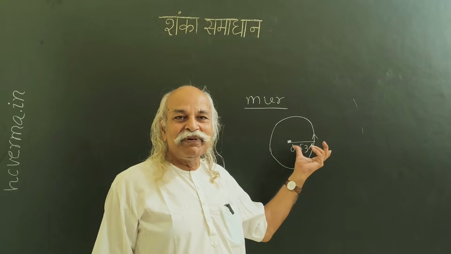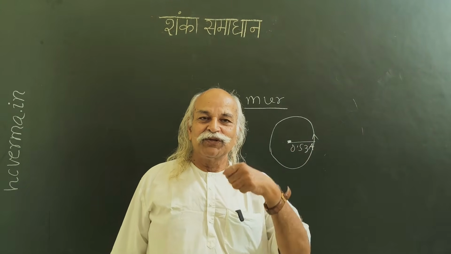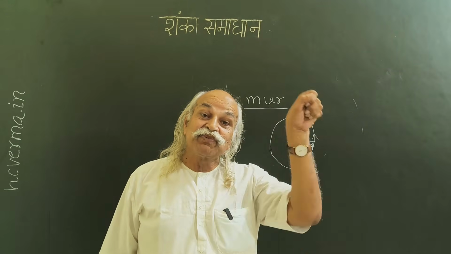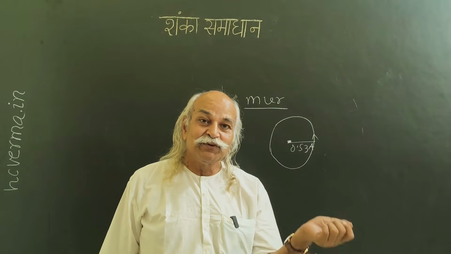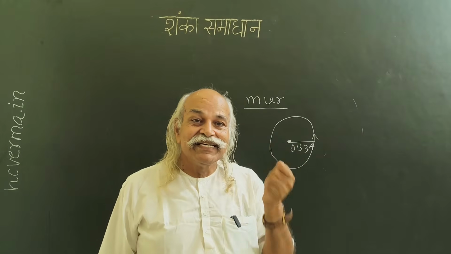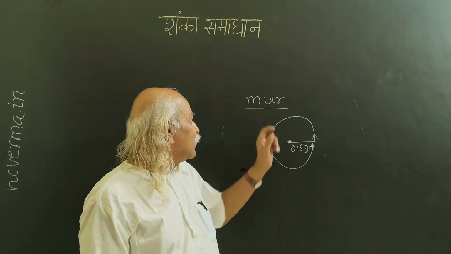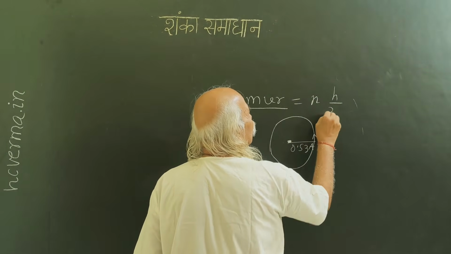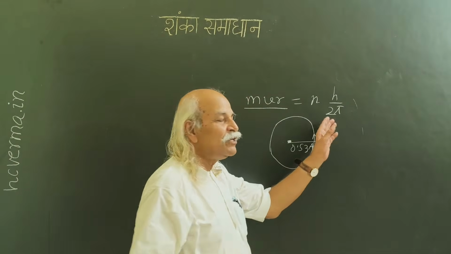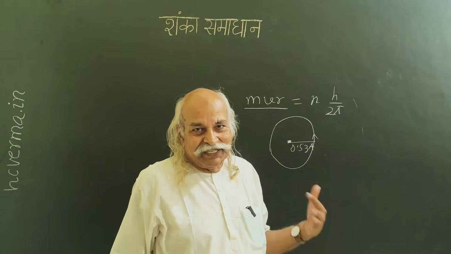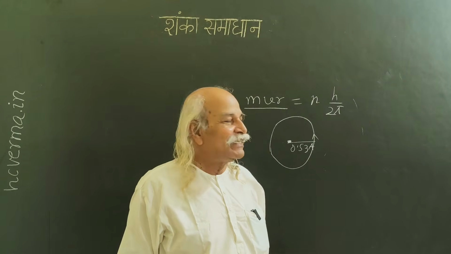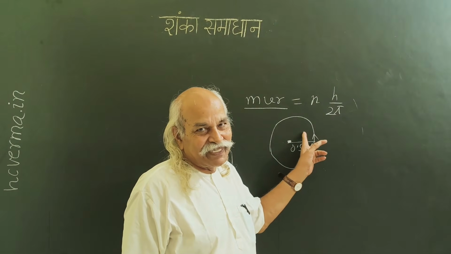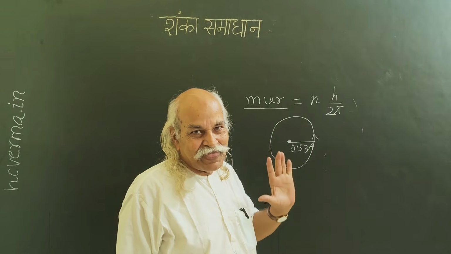It is so simple an idea that electron goes in different specific circles, and which circles is decided by that this m into v into r is an integral multiple of Planck's constant h divided by 2 pi. So that is how that MVR comes into picture, circles come into picture, and so on.